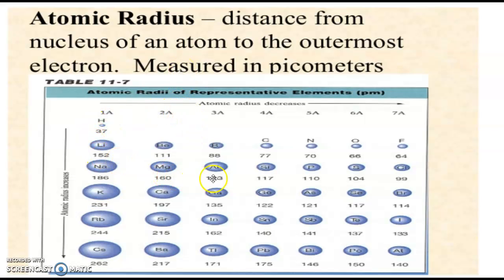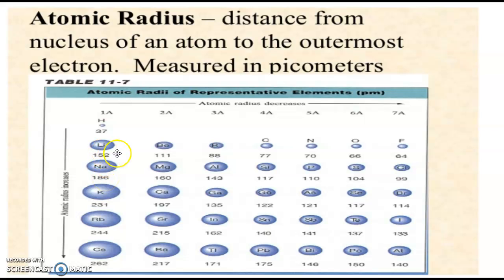This is the atomic size, and this is how it varies in the periodic table, along the group and along the period. Down the group, the atomic size increases. As the atomic size increases, the atomic radius increases due to the increase in the atomic number.